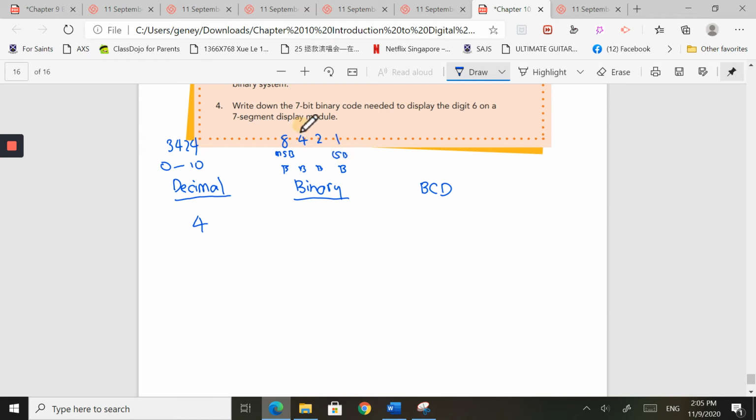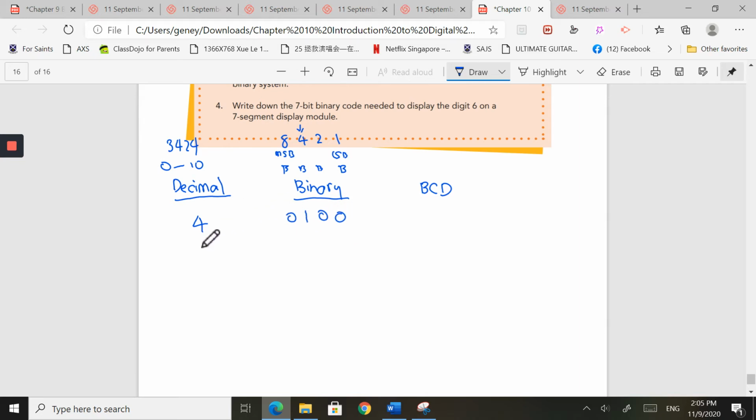It's only the value 4. So the 8, 2 and 1 I do not want, and if I do not want them, I put a 0. The 4 I do want. So it's 0, 1, 0, 0. This is the binary equivalent of the decimal.